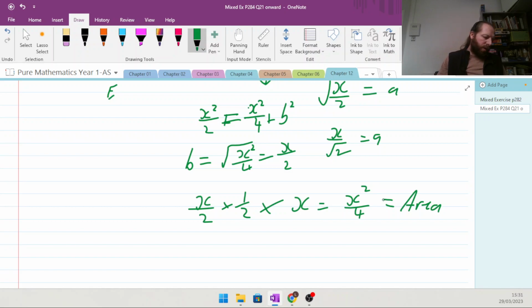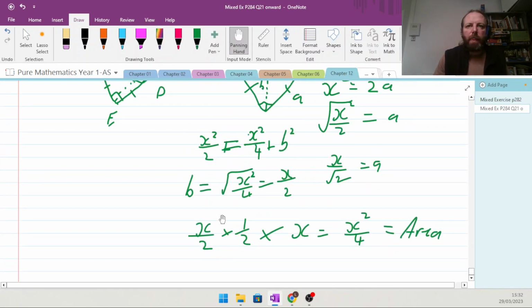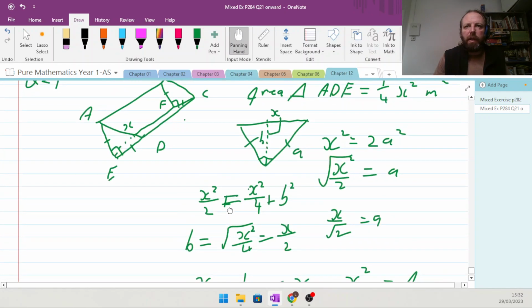Also, given that the capacity of the container is 4,000 meters cubed, and the total area of the 2 triangles and 2 rectangular sides of the container is S, show that S. So let's just look at that for a second.